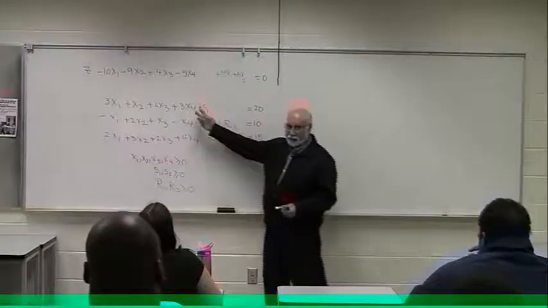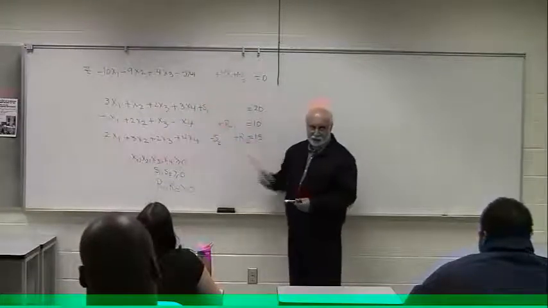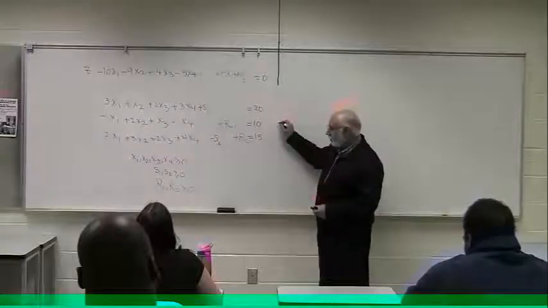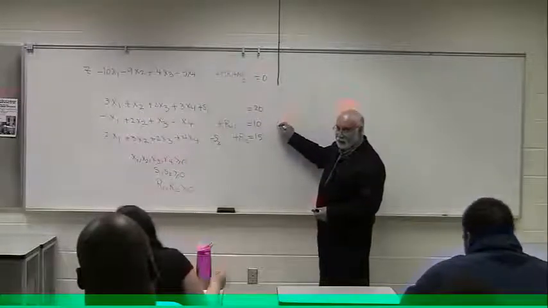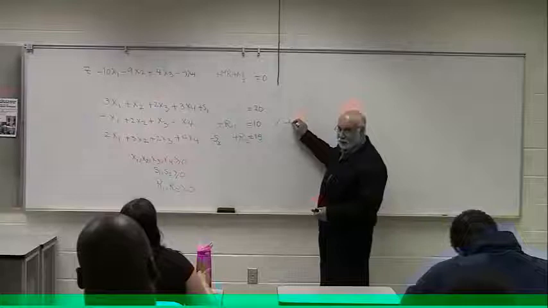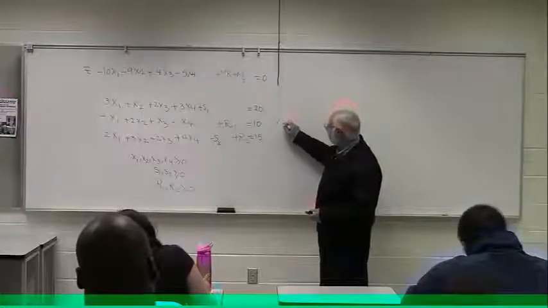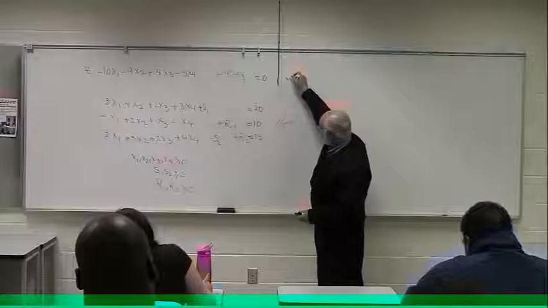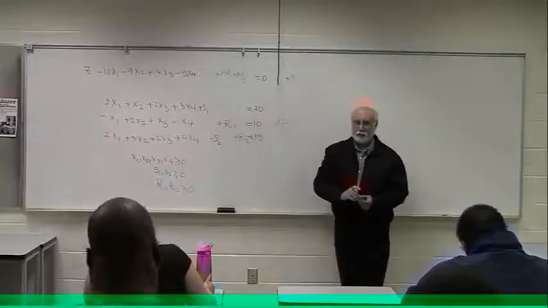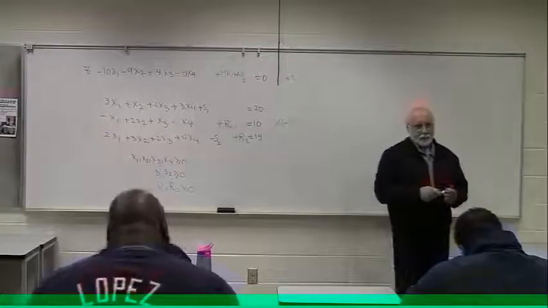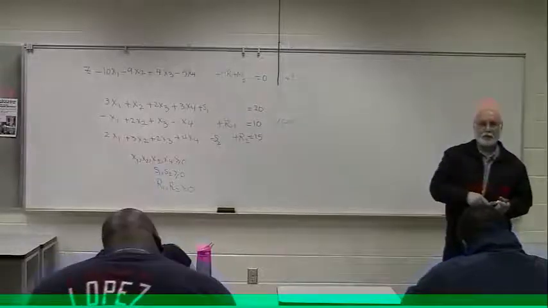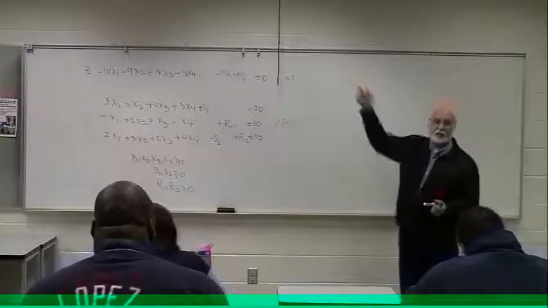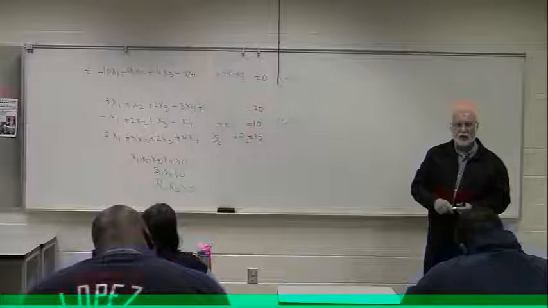I will look in here to see where R1 is. I'm going to multiply that by minus M and add it here. Would that help me get rid of MR1 up there? Yes.